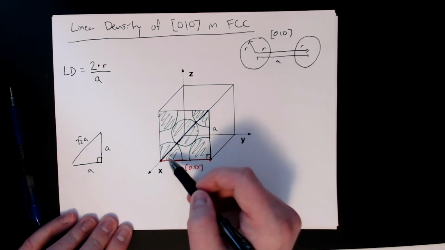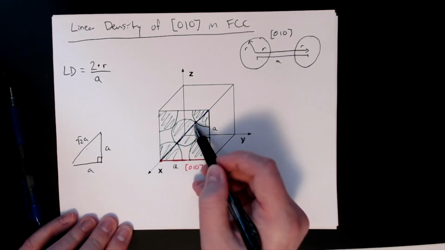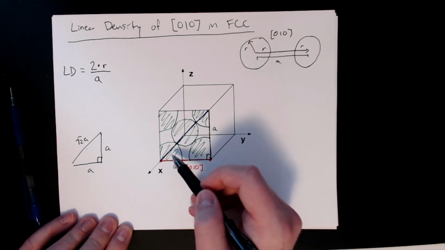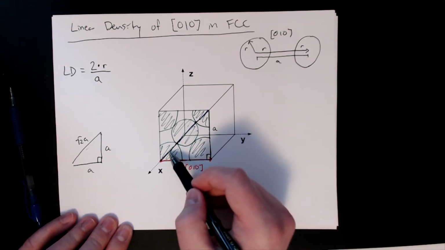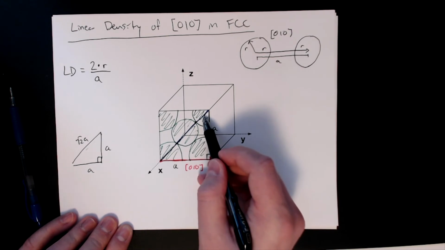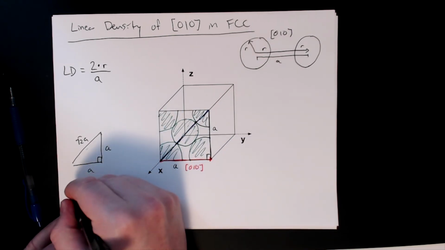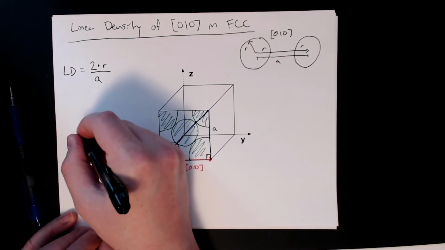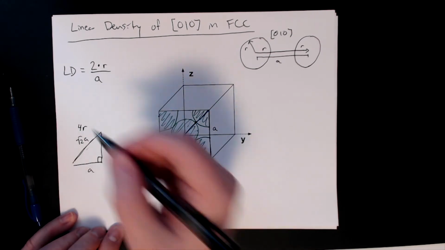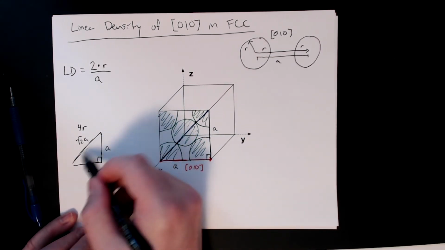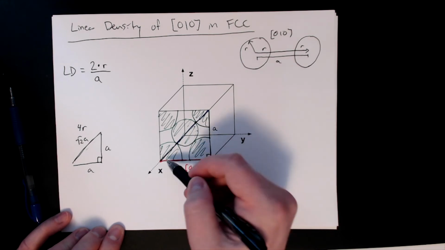But we also know that there's contact there, here and here. So there's no empty space. And so if we count up the radii, 1, 2, 3, 4, then we know that this length is also equal to 4r, right? The same length is equal to 4r because there's no empty space.